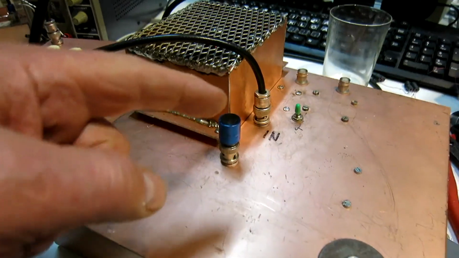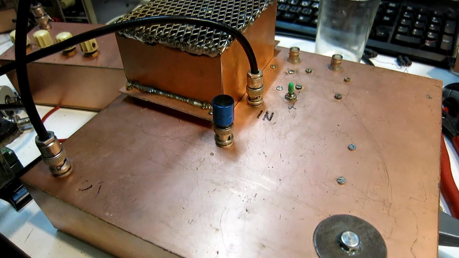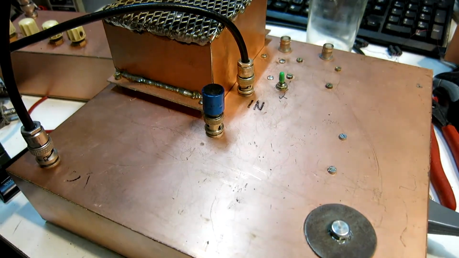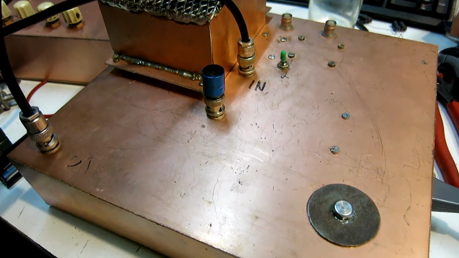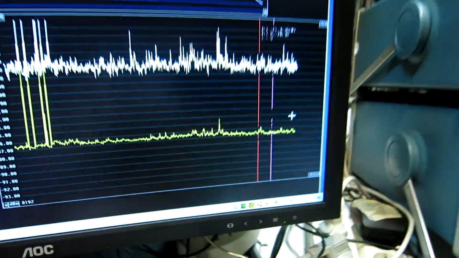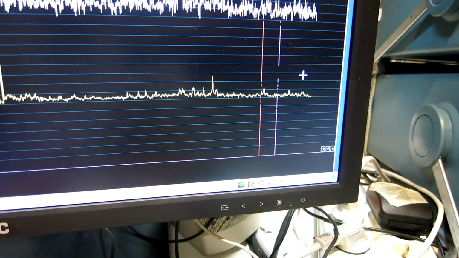The amplifier has an output here, an amplitude limited output, which is intended to be connected to the input to convert the amplifier to an oscillator. And this is what I have in the instability.